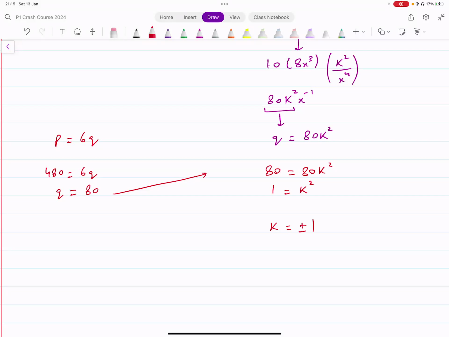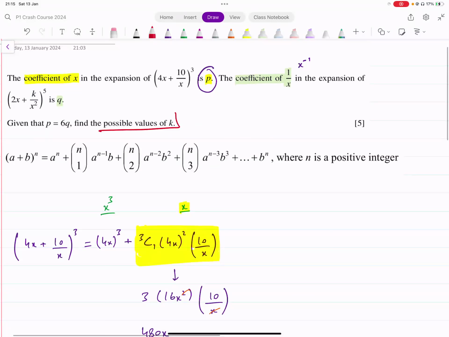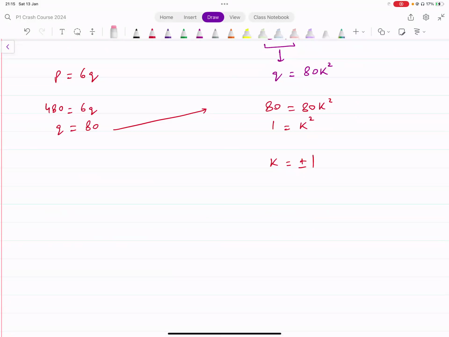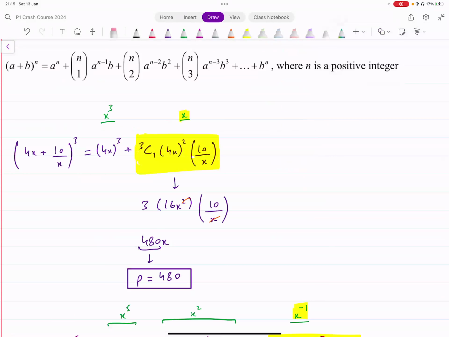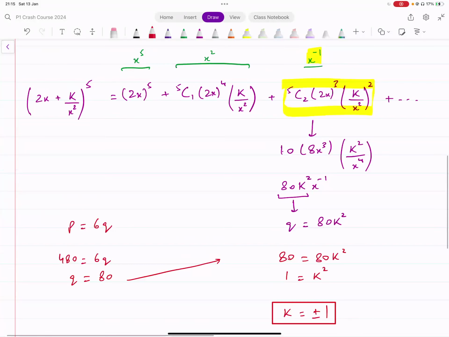And the question statement actually hints towards this as well, that you are going to have multiple values of k, because the question says, find the possible values of k. That means you can't have one answer. You are going to have multiple answers. So that should tell you that you are going to use both these values here. K equals either +1 or -1. And that's going to be the solution.